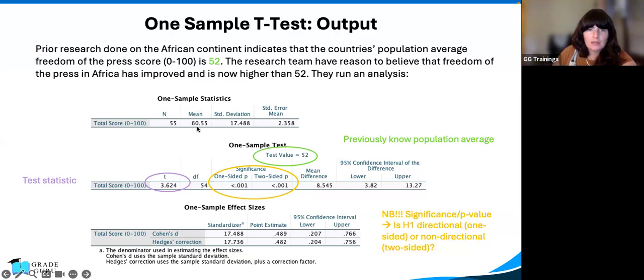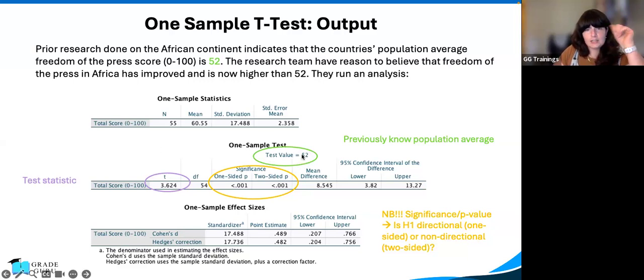What was the sample mean? It was 60.55. What was the sample standard deviation? Essentially what we're testing is my research study's mean is 60.55. Is that different enough from the old population mean of 52 to warrant saying that 52 is no longer valid? That's what we're doing.